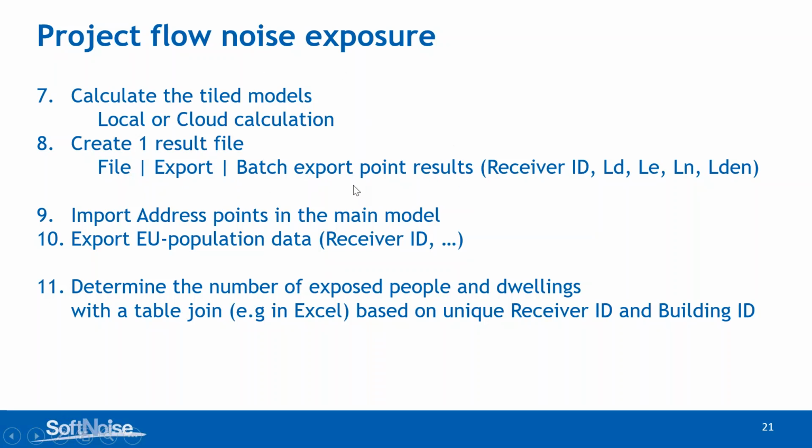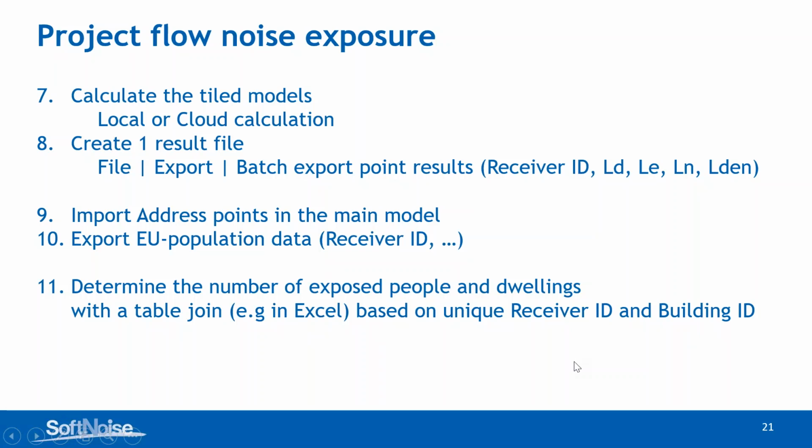So that's all for your calculation. Then for the EU population data, you have to import address points in your main model, and then you can export your population data. And then the last step, of course, is to determine the number of exposed people and dwellings, but that can be done with a simple table join, for instance in Excel, because the two files have unique receiver IDs and unique building IDs.